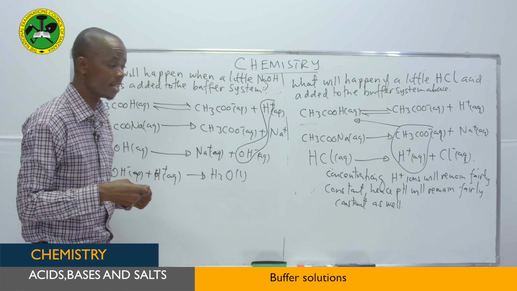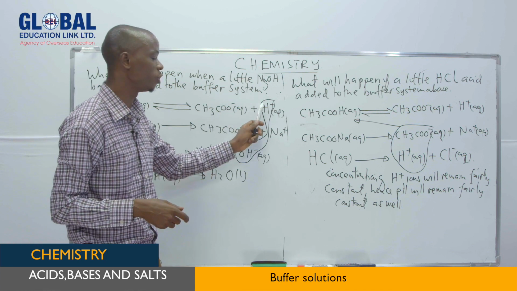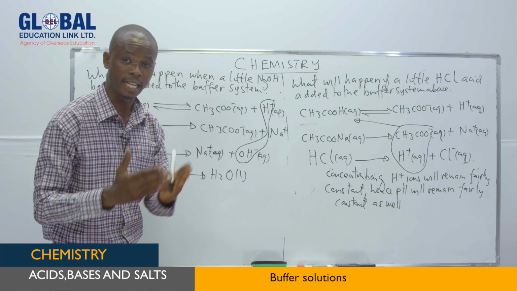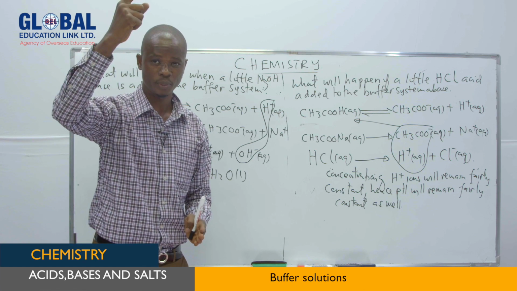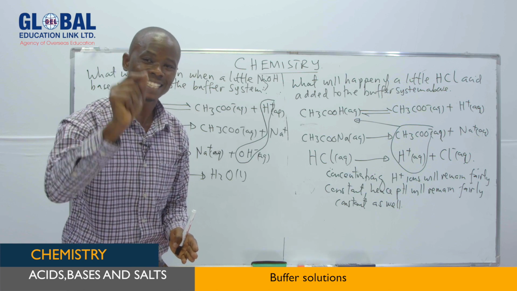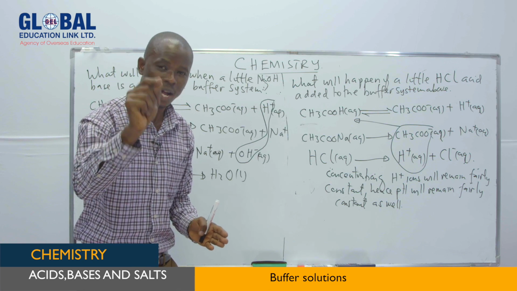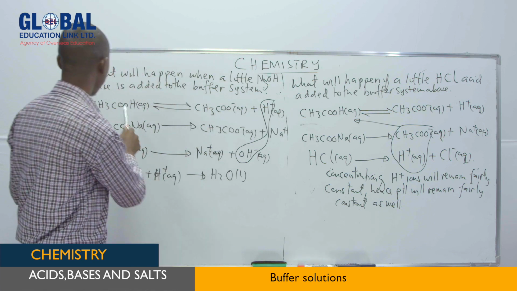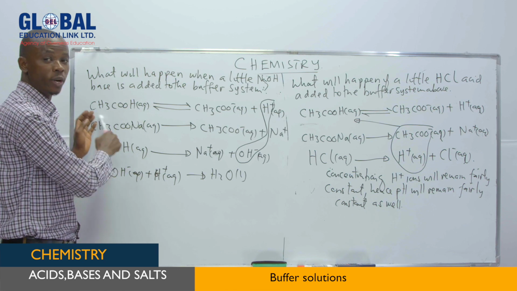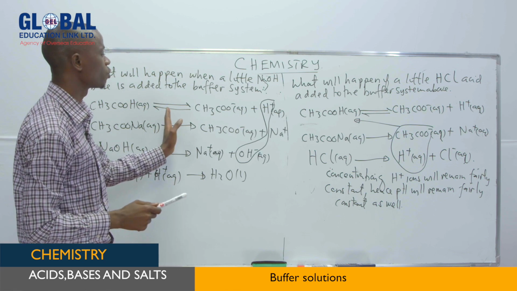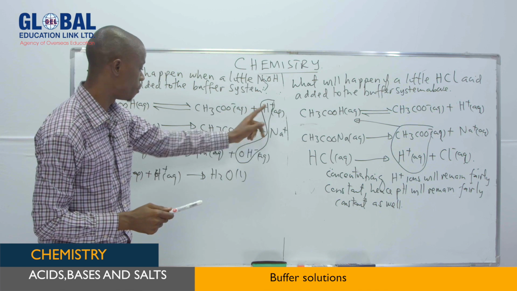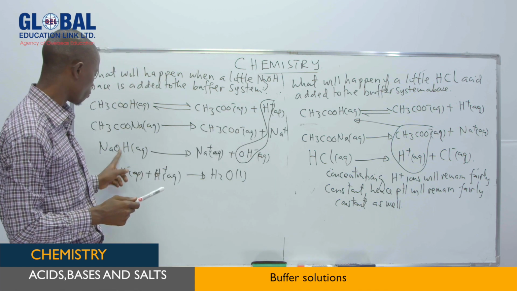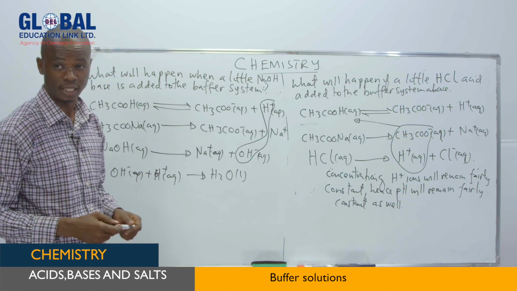Now, if that happens, that means the concentration of hydrogen ion in the solution will decrease. If it decreases, the pH will rise. Now, in order to prevent that rise in pH, what will happen? Immediately, the acetic acid will dissociate in order to produce more hydrogen ion to compensate for those hydrogen ions which have been used to combine with hydroxide ion from the strong base to form water.